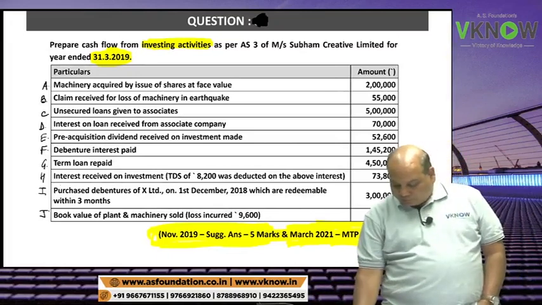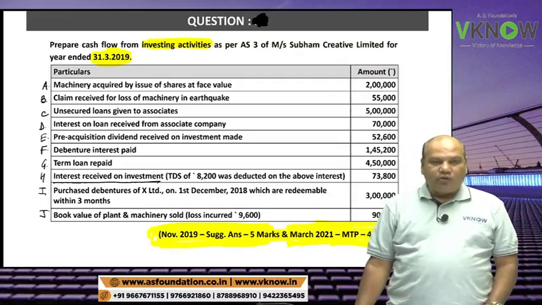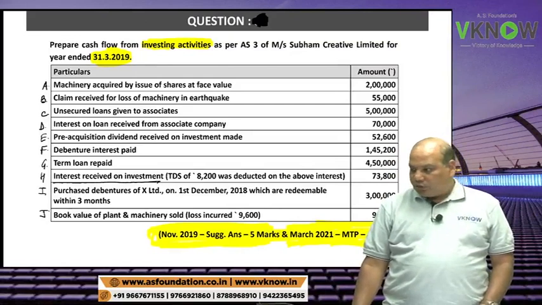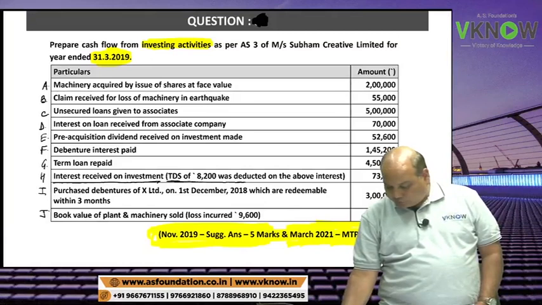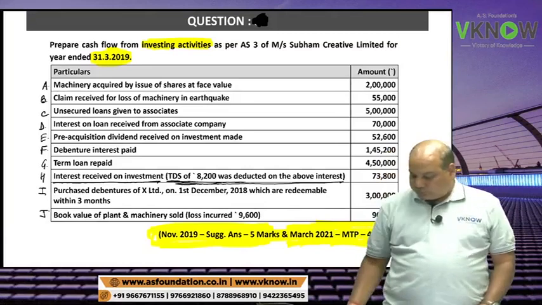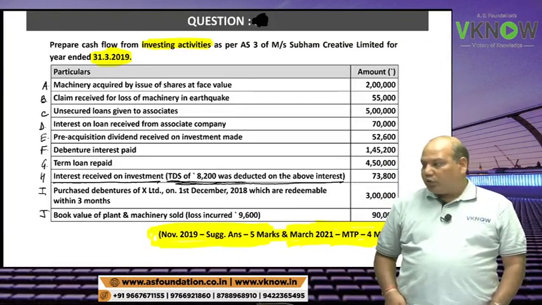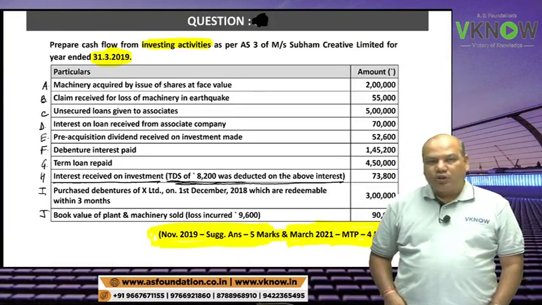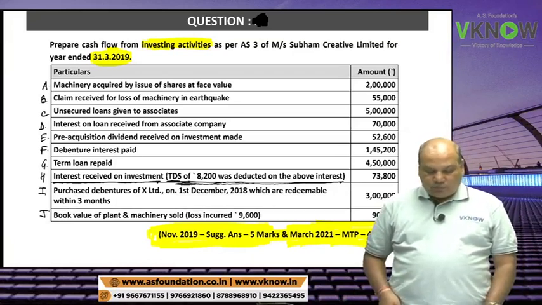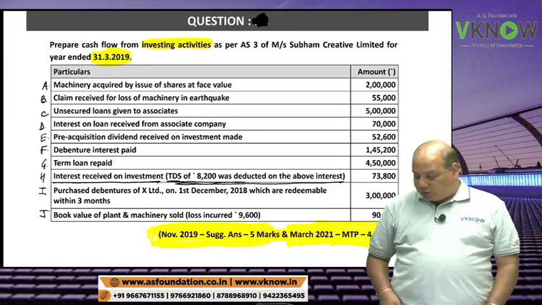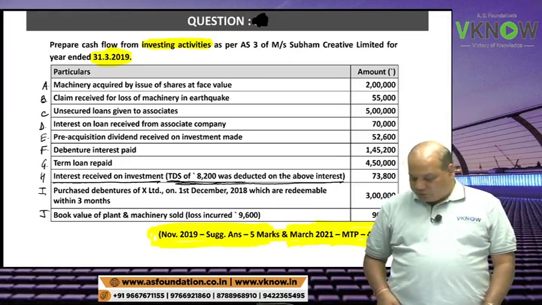Point H, interest received on investment, in bracket TDS of rupees 8,200 was deducted on the above interest, 73,800.